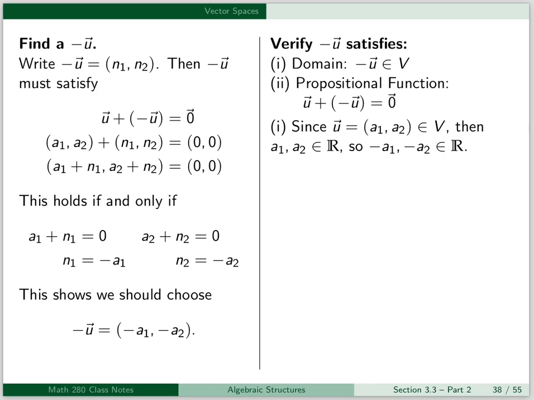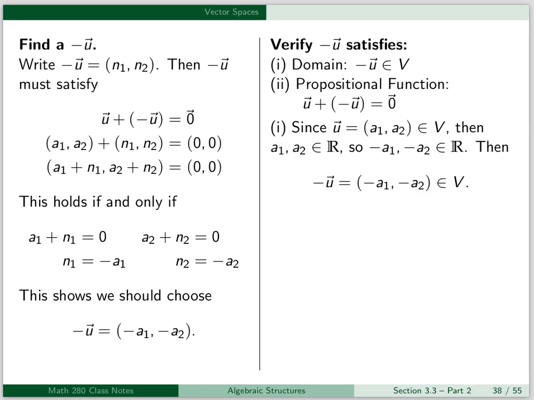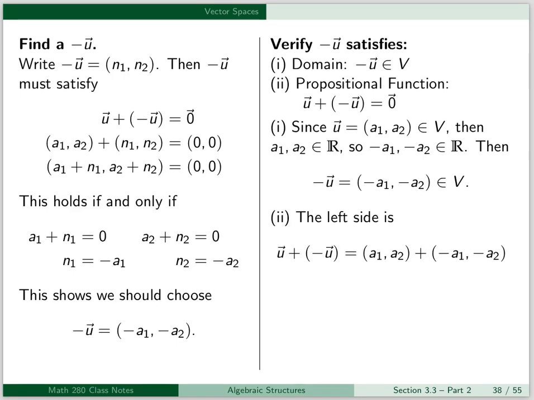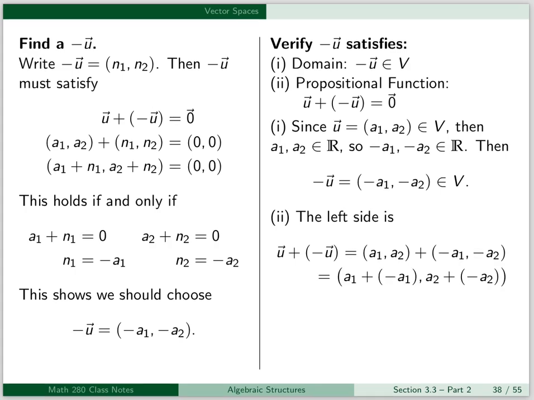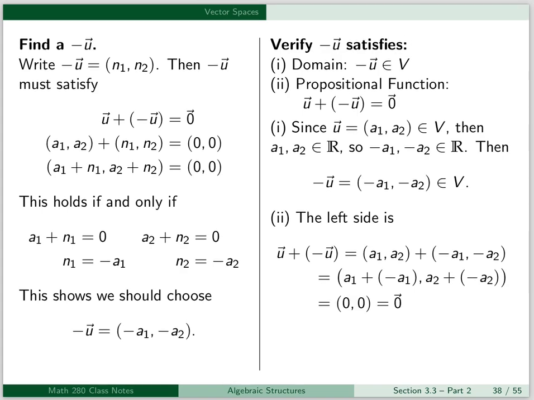And since U equal A1, A2 is in V, this means that A1 and A2 are both real numbers. So minus A1, minus A2 are also real numbers. And then minus U equal minus A1, minus A2 is in V, since it's an ordered pair of real numbers. For the propositional function, the left side is U plus minus U equals A1, A2 plus minus A1, minus A2, which is A1 plus minus A1, and A2 plus minus A2, which is 0, 0, which is our 0 vector.